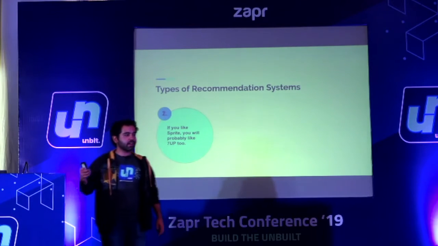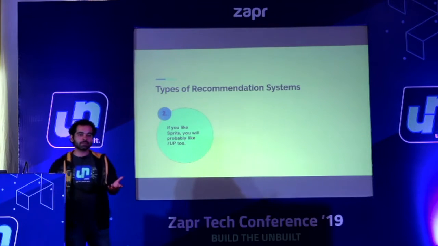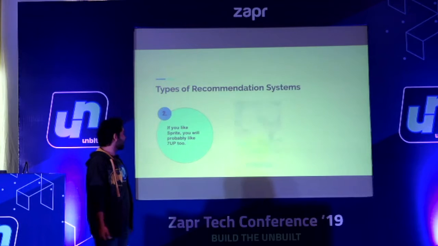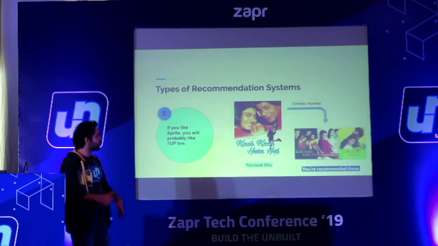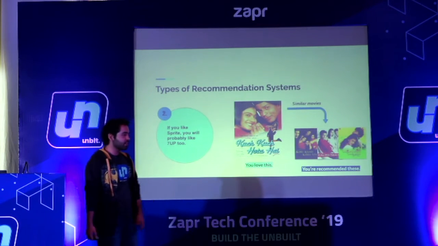And the second kind, I want to quote it as, if you like Sprite, I'm going to offer you 7-Up. Okay? So an example again here would be, say you love Kuch Kuch Hota Hai, then I'll probably recommend you Kabhi Khushi Kabhie Gham, Kal Ho Naa Ho, or DDLJ, right?